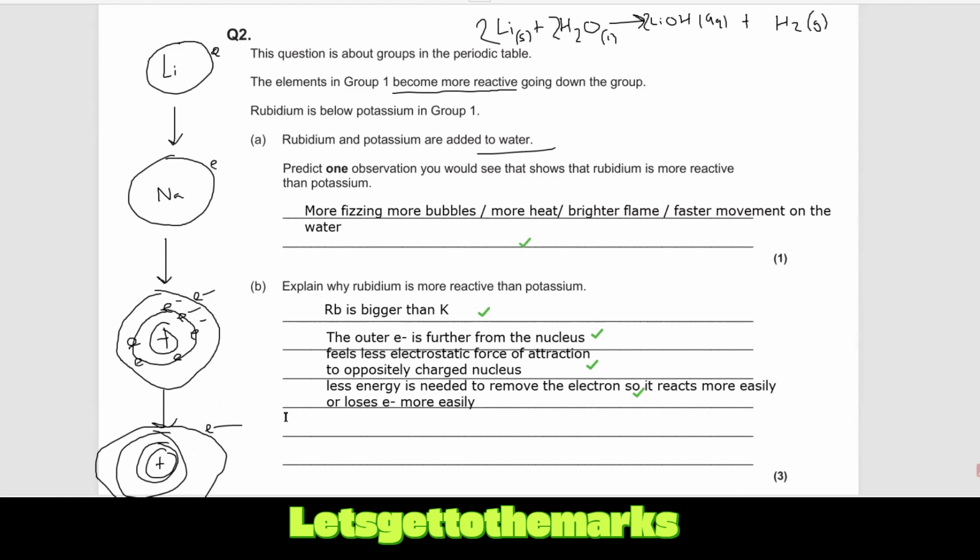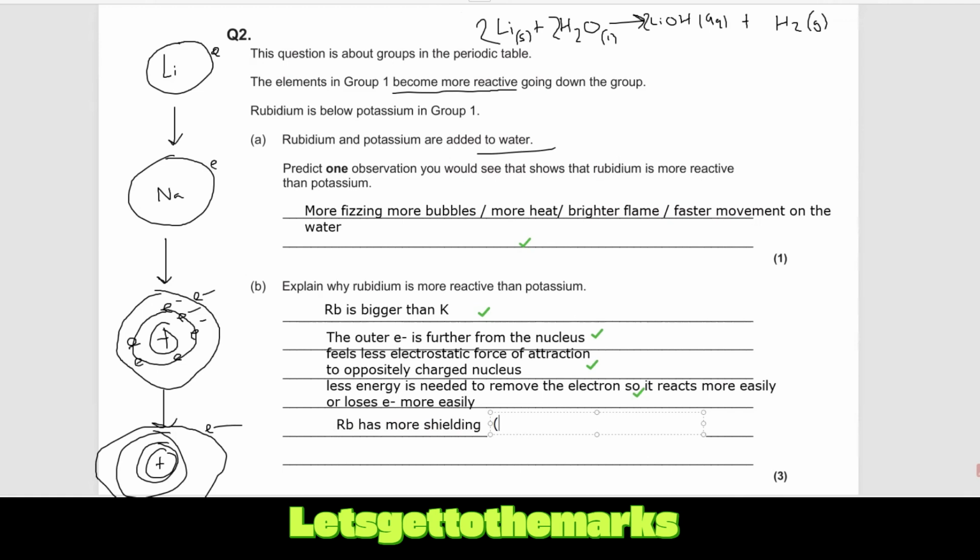And instead of having to write all of that down, which would be a whole paragraph, in A-level chemistry we use the term shielding, and this is always on the mark scheme, even in GCSE as well. So we can say that Rb has more shielding, and that will get you a mark. And really, that shielding is just describing there are more shells.